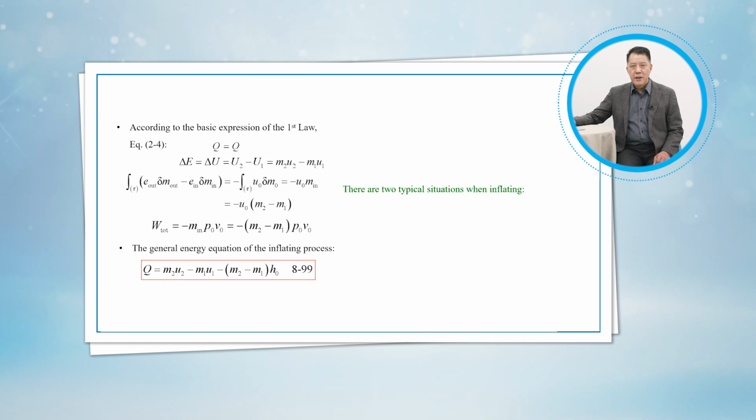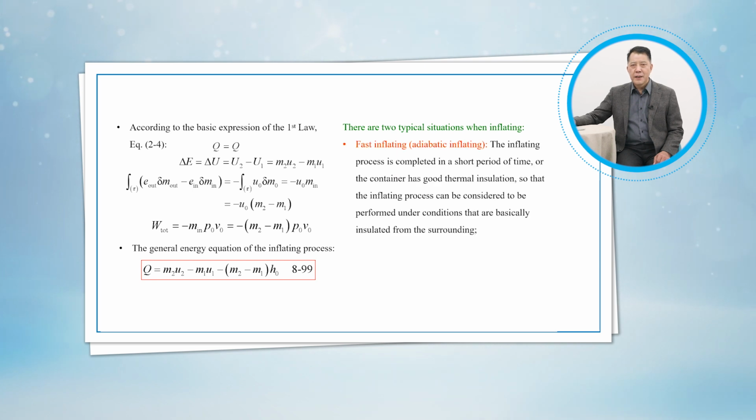8.99. There are two typical situations when inflating. The first one is fast inflating. The inflating process is completed in a short period of time, or the container has good thermal insulation, so that the inflating process can be considered to be performed under conditions that are basically insulated from the surroundings.